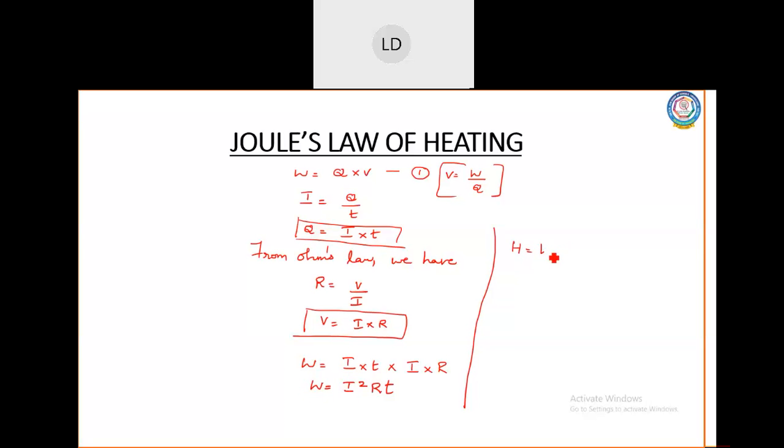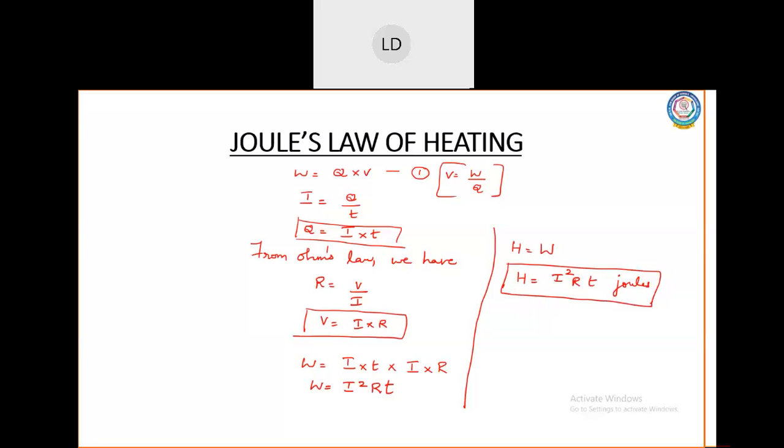So work done is nothing but heat energy. So here I have the formula for heat energy as H is equal to I square R into T, and we know that work done is measured in joules. So here also it is measured in joules. Heat energy is H is equal to I square RT.